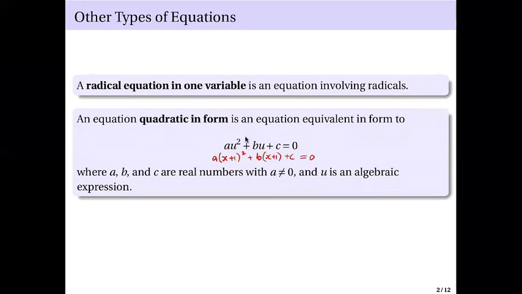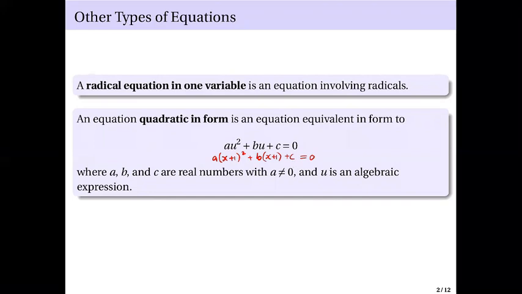Of course, this u can be just the variable x. If that's the case, then you have a quadratic equation. If u is another expression, you will have quadratic in form. Although in this example, if you expanded this (x plus 1) squared and combined similar terms, you will end up with a quadratic equation.